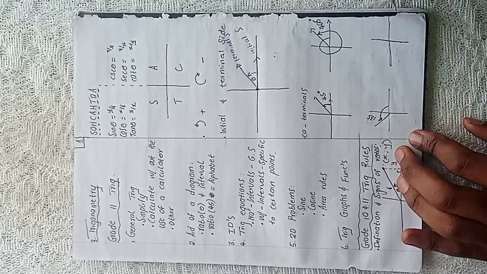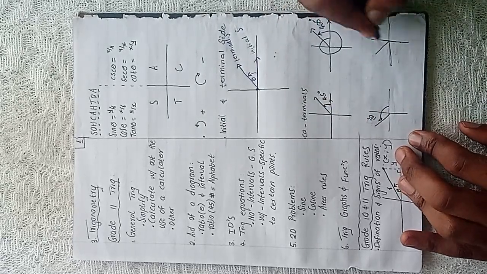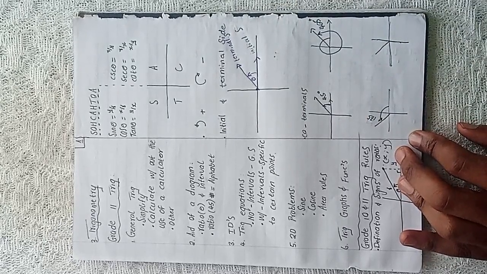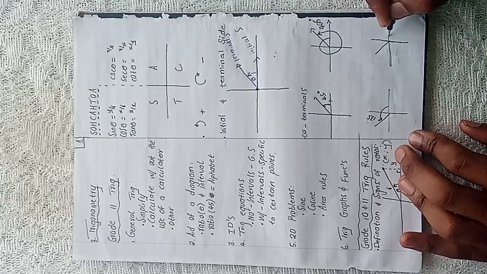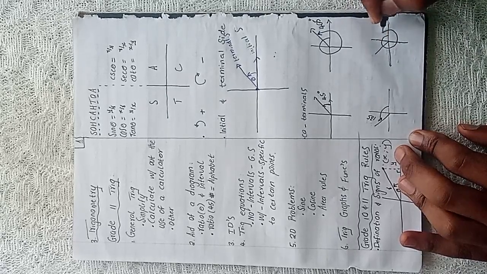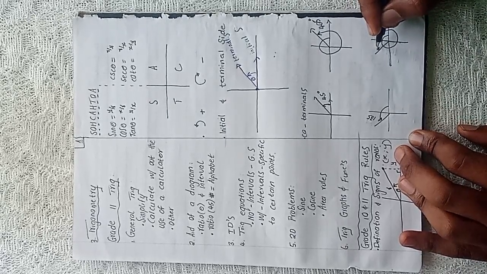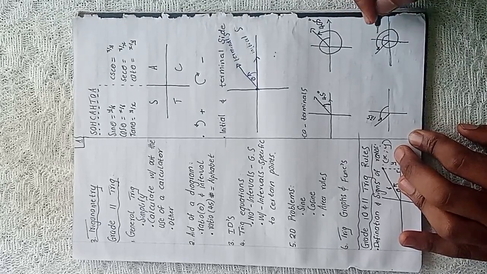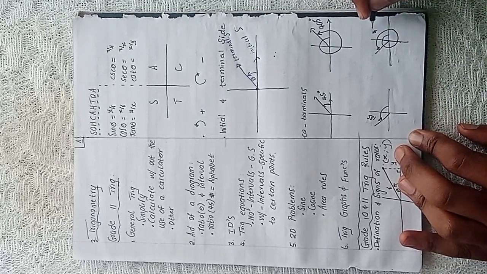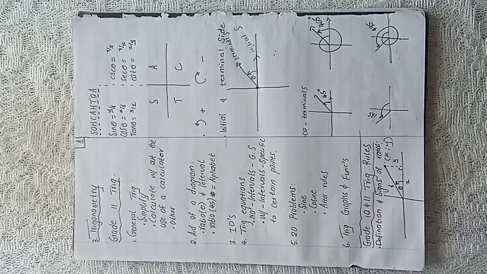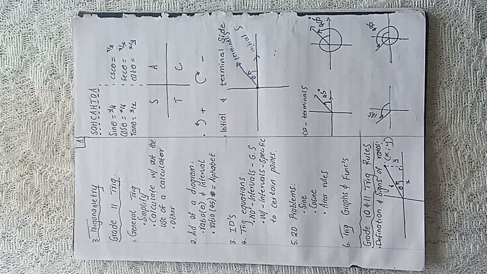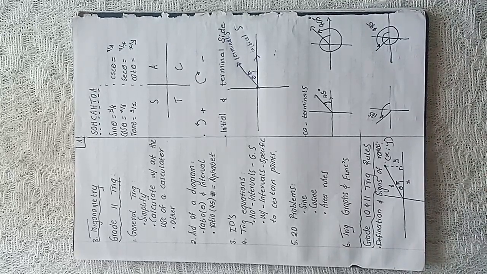And then let me use 495. So 135 and 495 are coterminals because they share the same initial side and the terminal side.